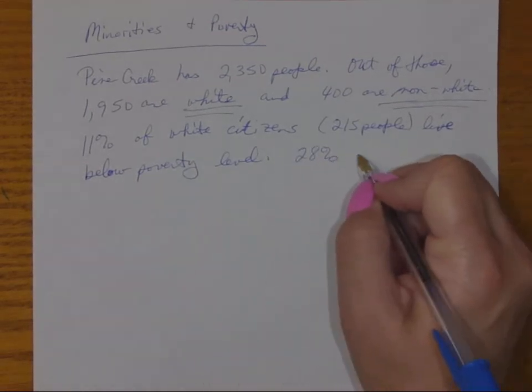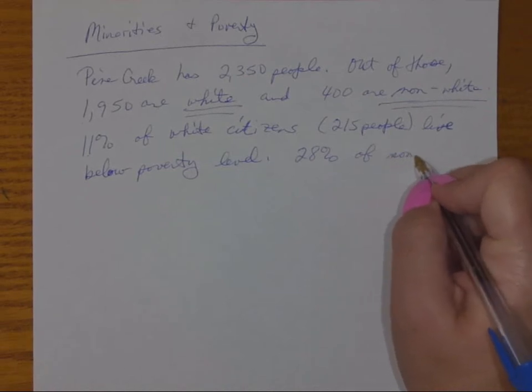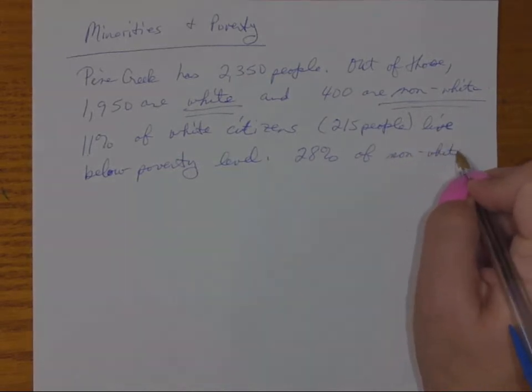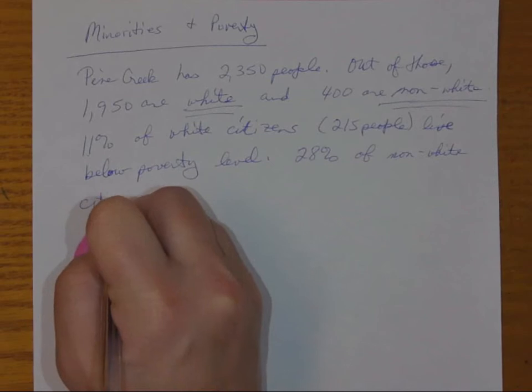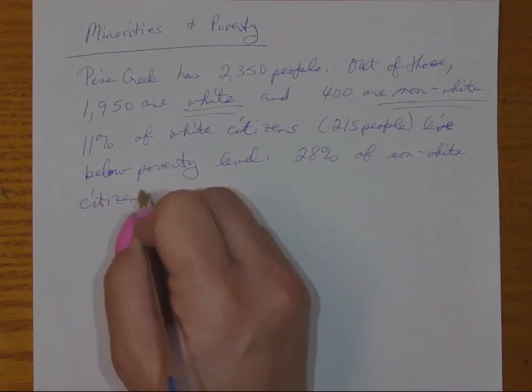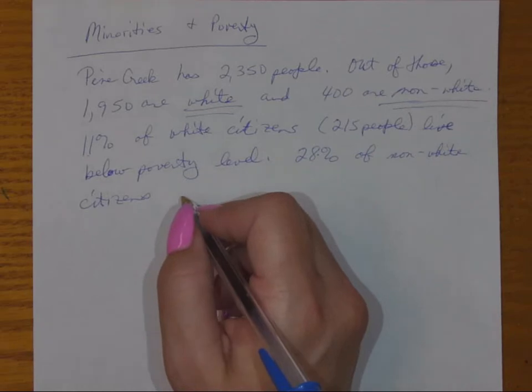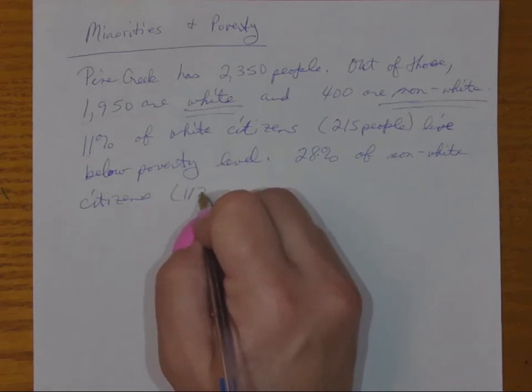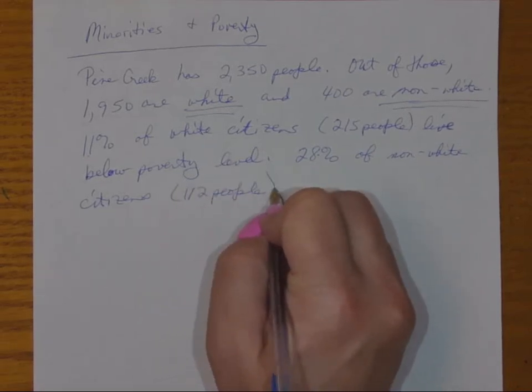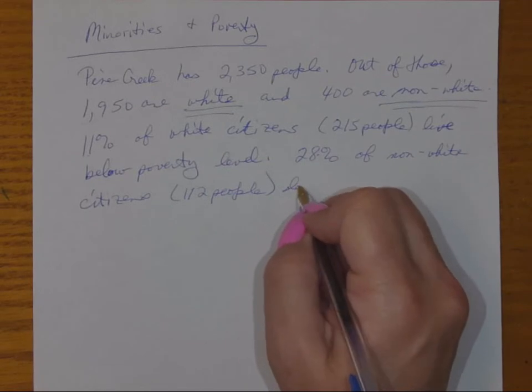It says 28% of the non-white citizens, which again, if you multiply, 28% times 400, that would give me 112 people living below poverty level.